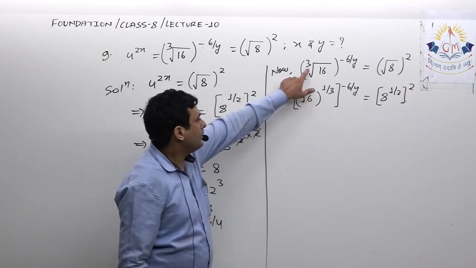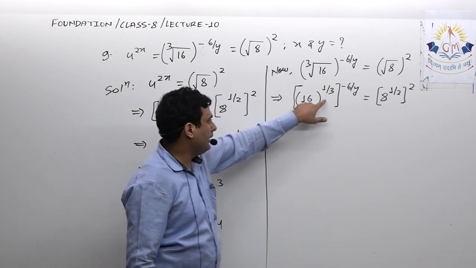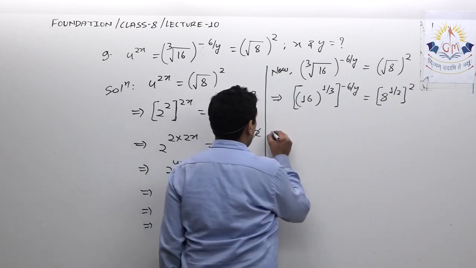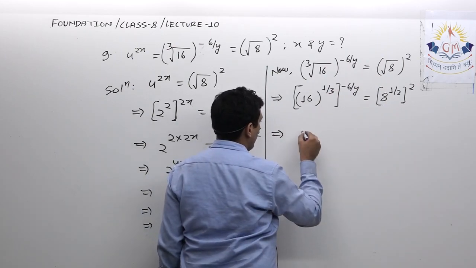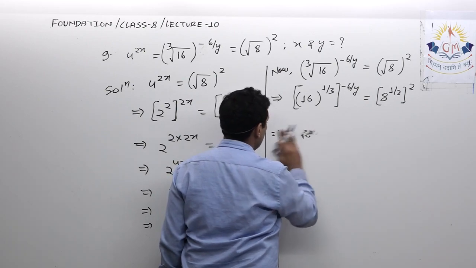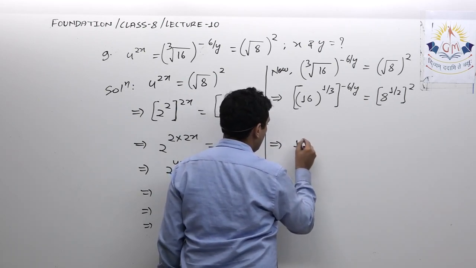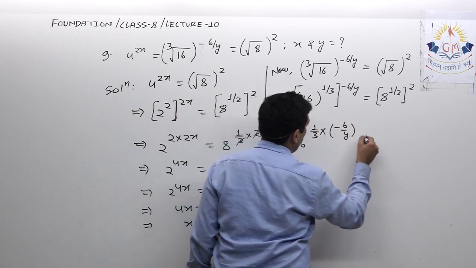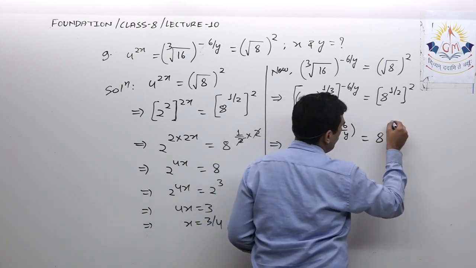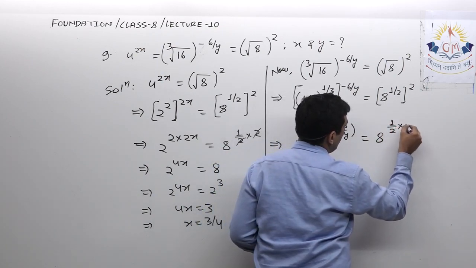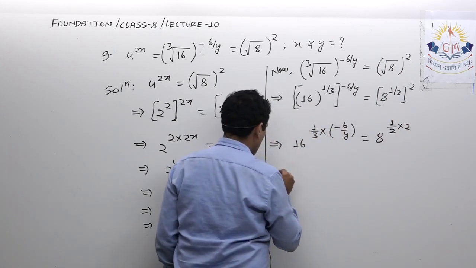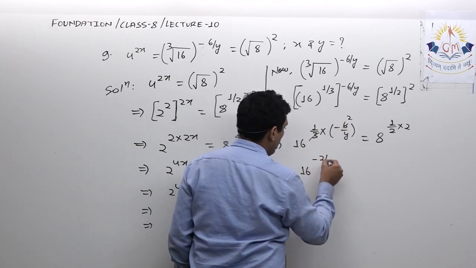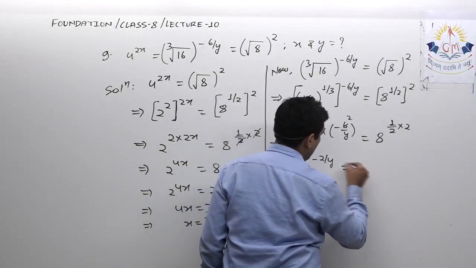Simply, cube root of 16 is 16 raised to 1 by 3, and square root of 8 is 8 raised to 1 by 2. Now I will apply the power law. So here 16 raised to 1 by 3 multiplied by minus 6 upon y is equal to 8 raised to 1 upon 2 multiplied by 2. So this will become 16 raised to minus 2 upon y is equal to 8.